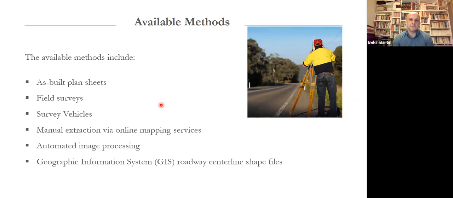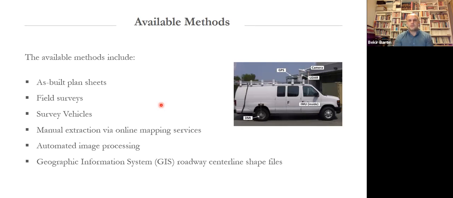Obviously, this is the most reliable, but it will take a long time to extract the horizontal alignment data of a given roadway, and it is time consuming and costly. The second one is the survey vehicles.